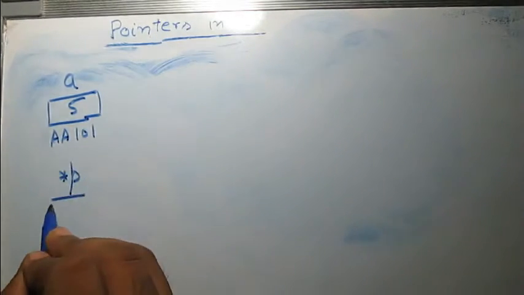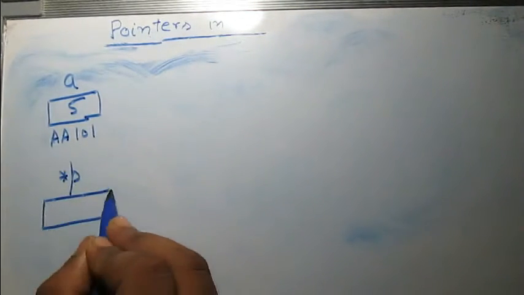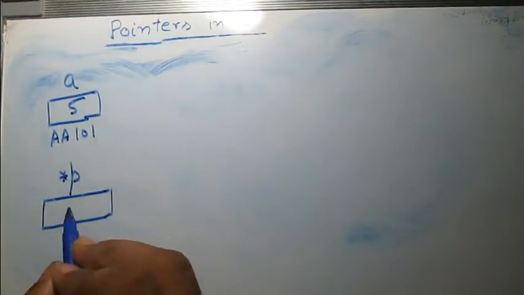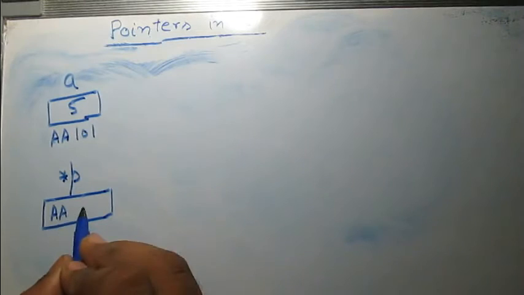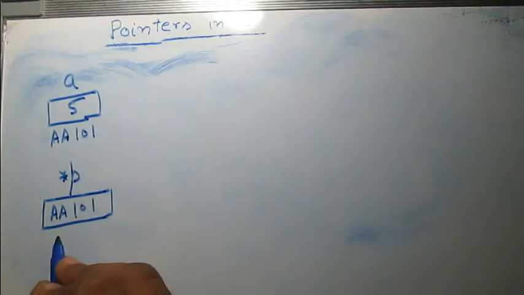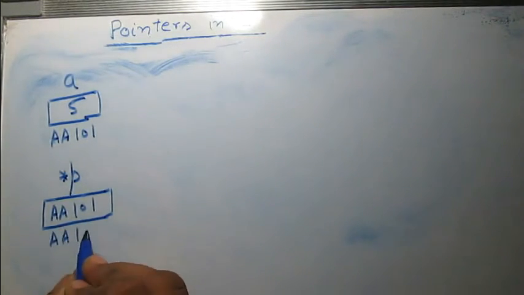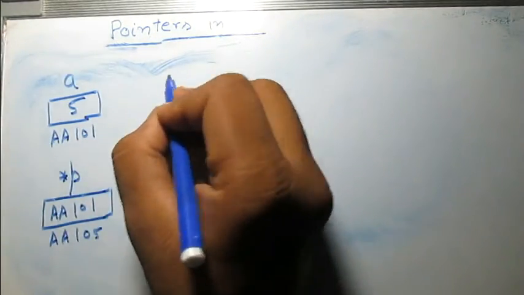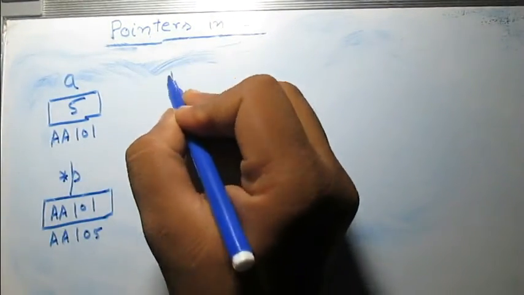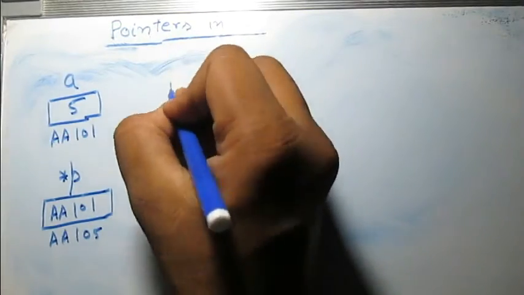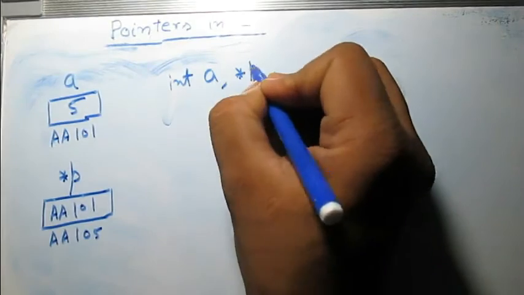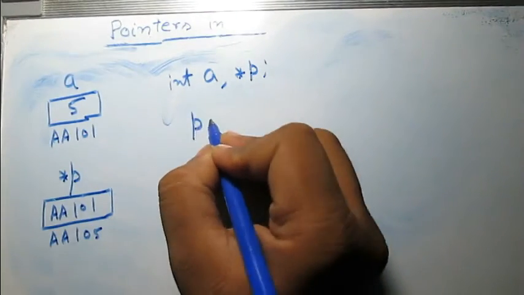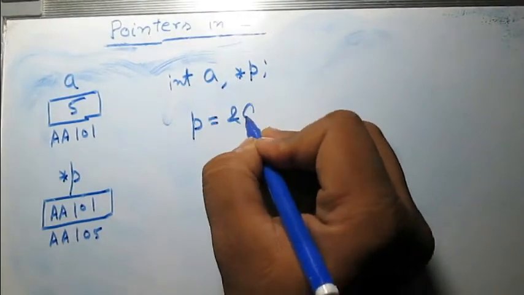Now take a simple example of pointers. This is a pointer variable, and this pointer variable stores the address of a, because we have written the statements: we have declared p as a pointer variable, a as an integer, and p = &a.